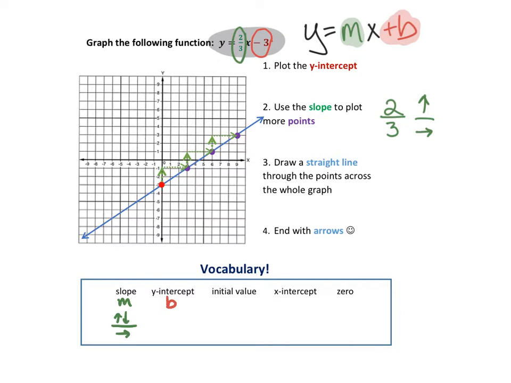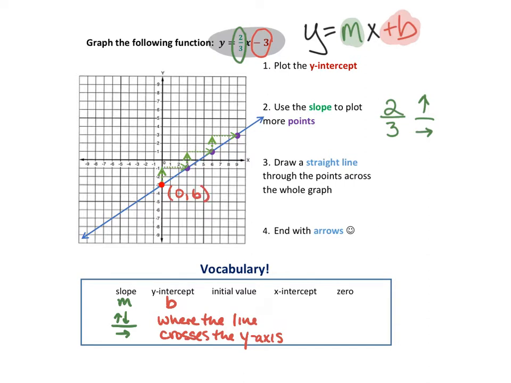This is where the graph, or the line, crosses or intersects the y-axis. It is a coordinate, so you may see it written as (0, b), or just the value b.